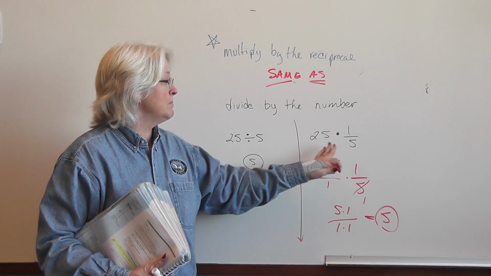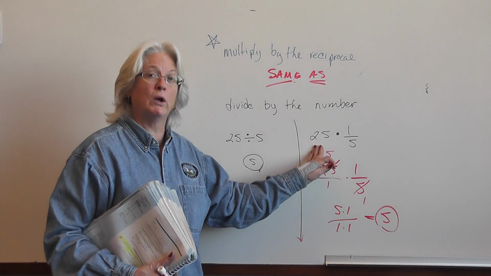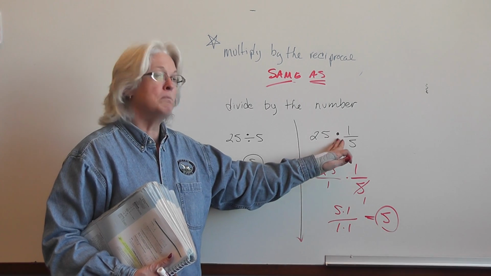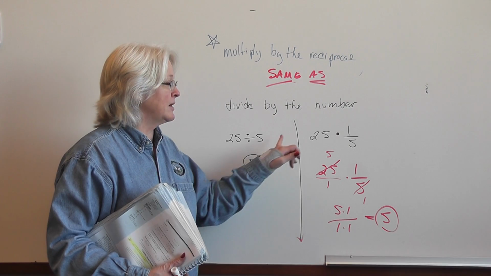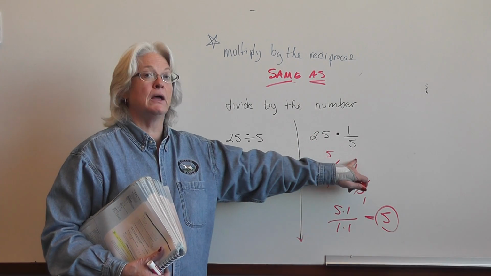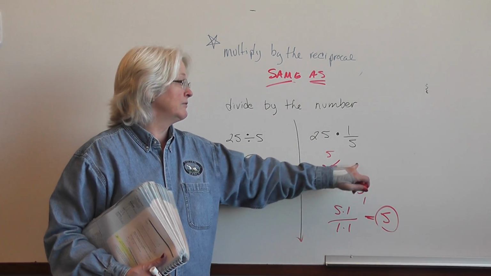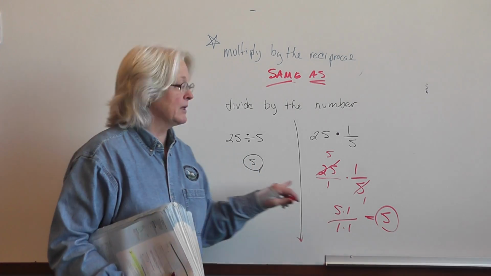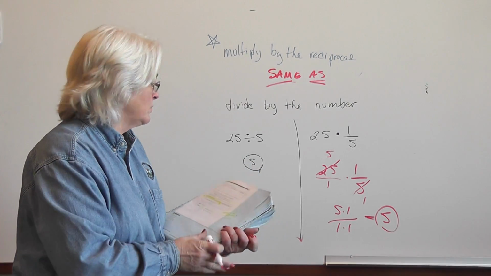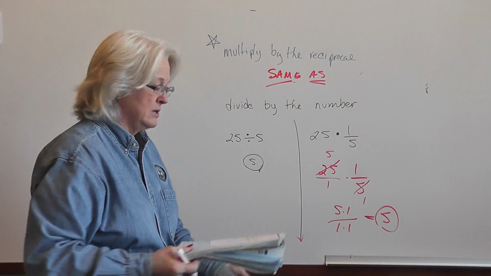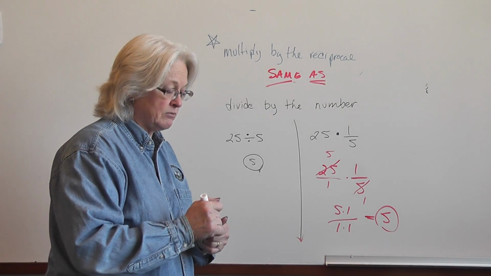Here, we divided 25 by 5. Over here, instead of dividing 25 by 5, we multiplied by the reciprocal of 5. We turned 5 on its head, we have 1/5. We came up with that same answer of 5, and this is what we're going to use when we're dividing rational numbers.